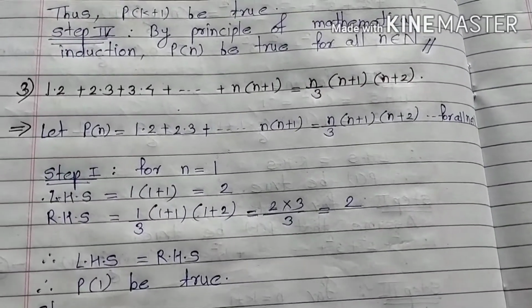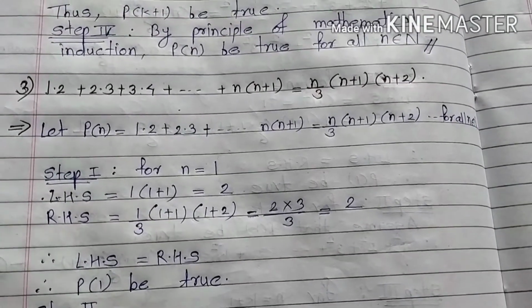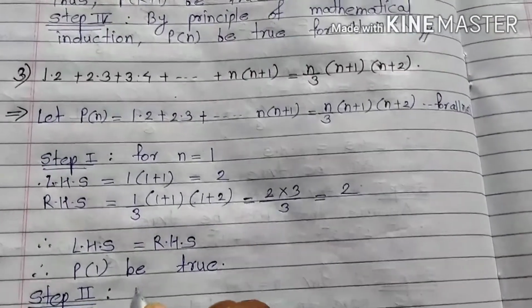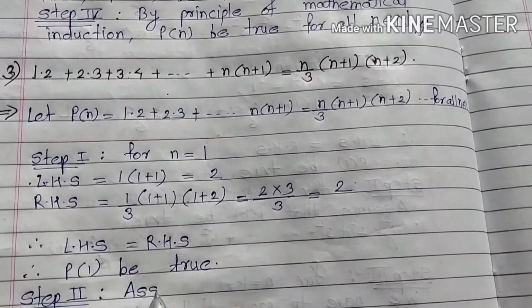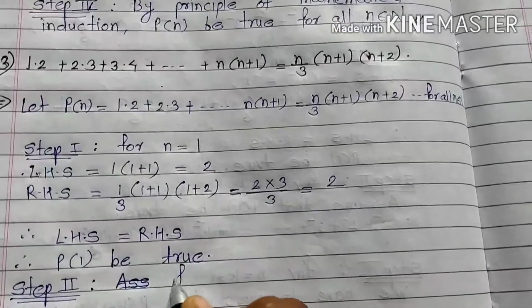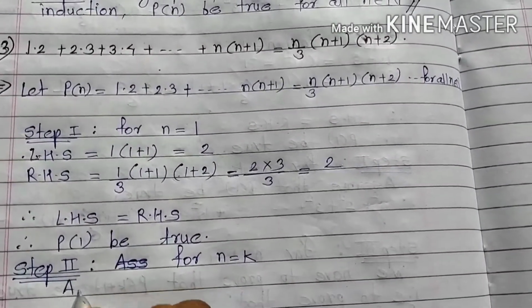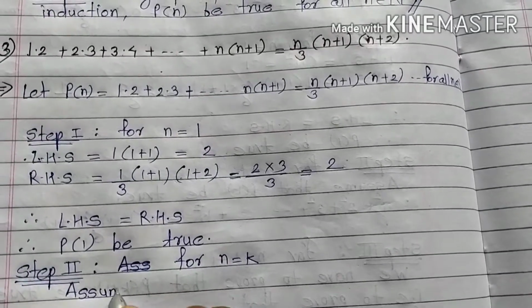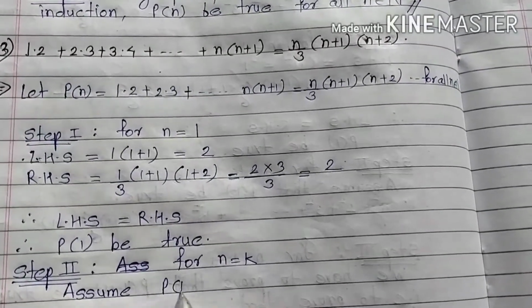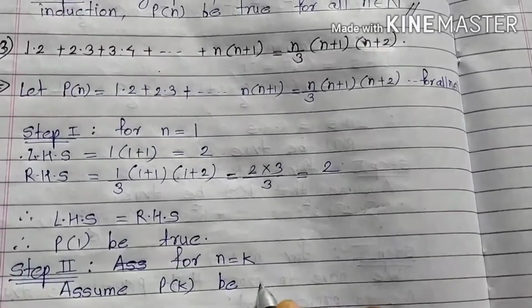Now step second, for n equal to k, assume P of k is true.